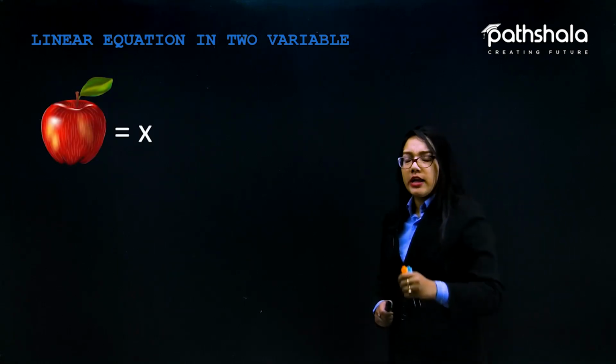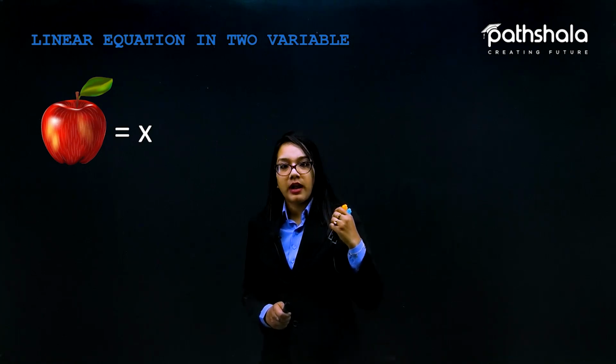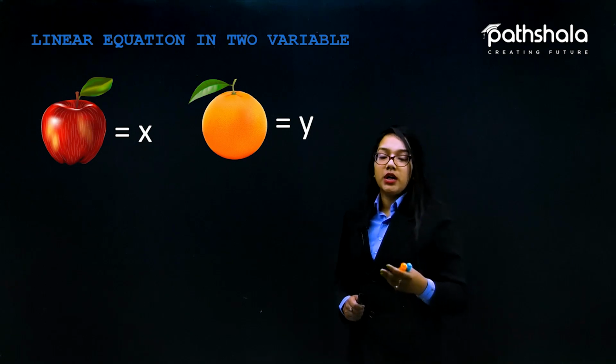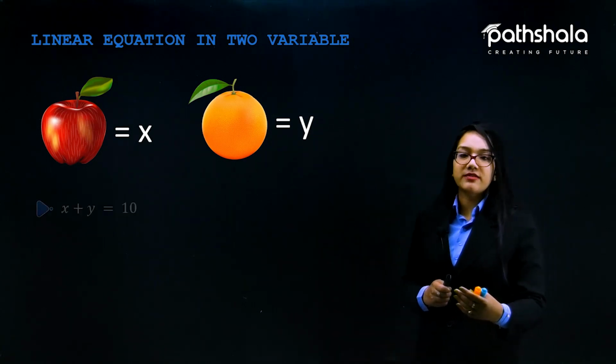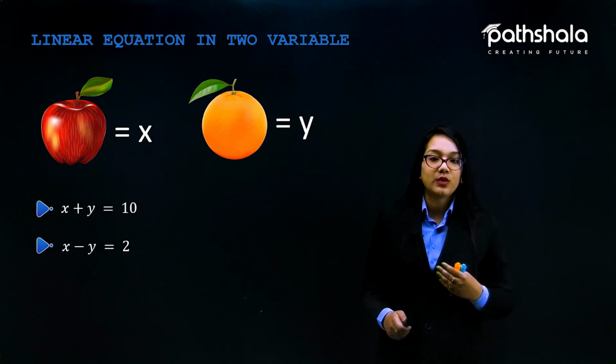So let us suppose we take the situation again where the number of apples is x and the number of oranges is y. So we have created the situations x plus y is equal to 10, and x minus y is equal to 2.